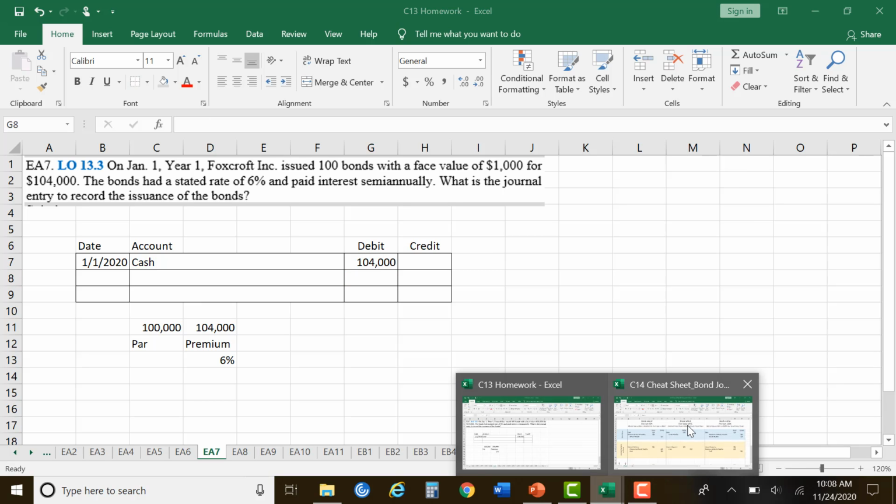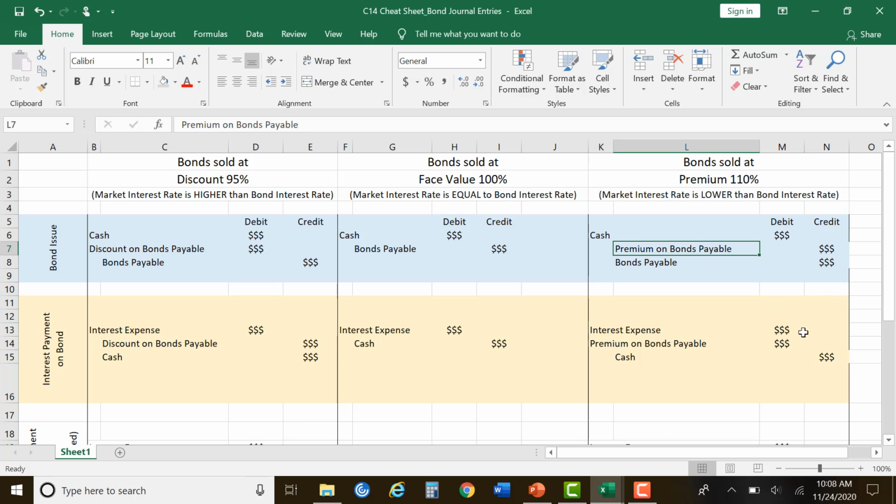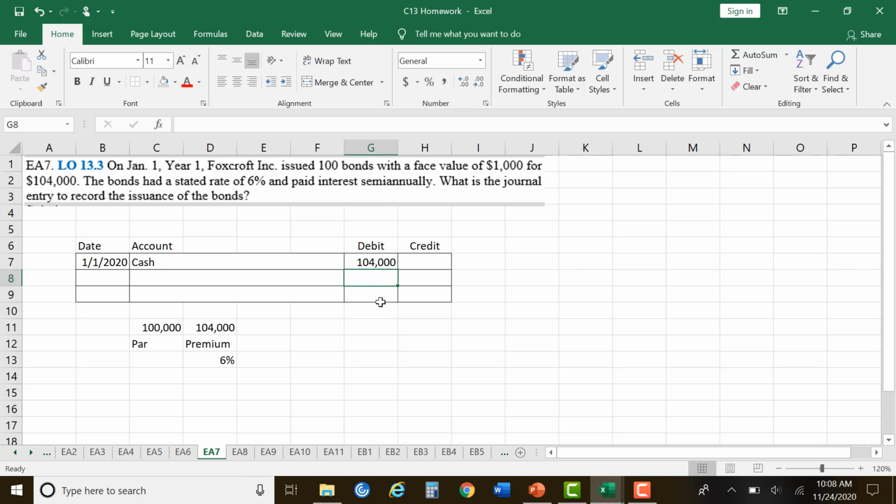Then we're going to credit premium on bonds payable and bonds payable. The bonds payable is going to be what the bond is, and then the premium on the bonds payable is going to be what the difference is. It doesn't matter what order you write it in.